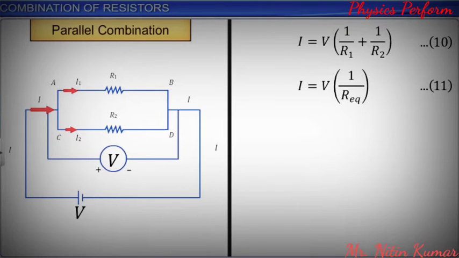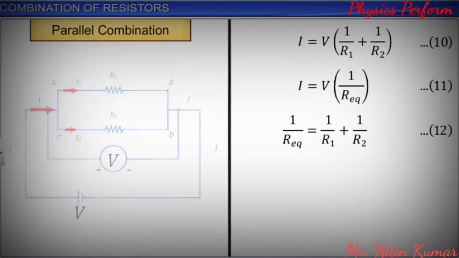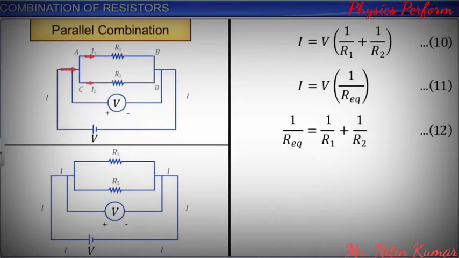From equations 10 and 11, we can write 1 by Req is equal to 1 by R1 plus 1 by R2. Let this be equation 12. Using equation 12, we can calculate the equivalent resistance Req of the parallel combination of two resistors.